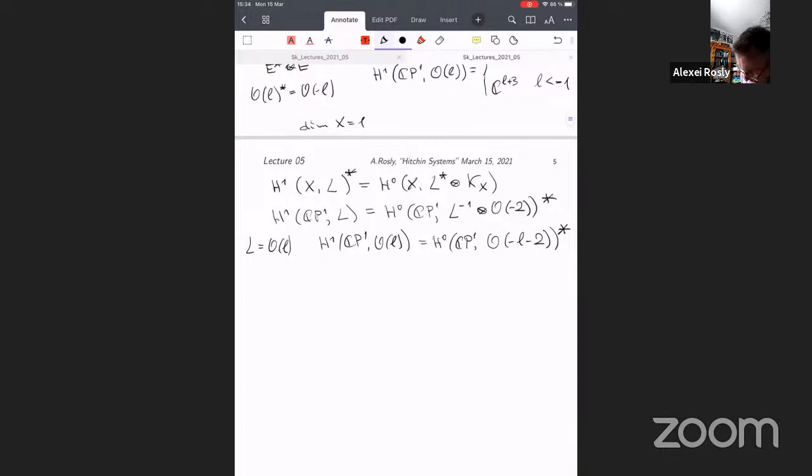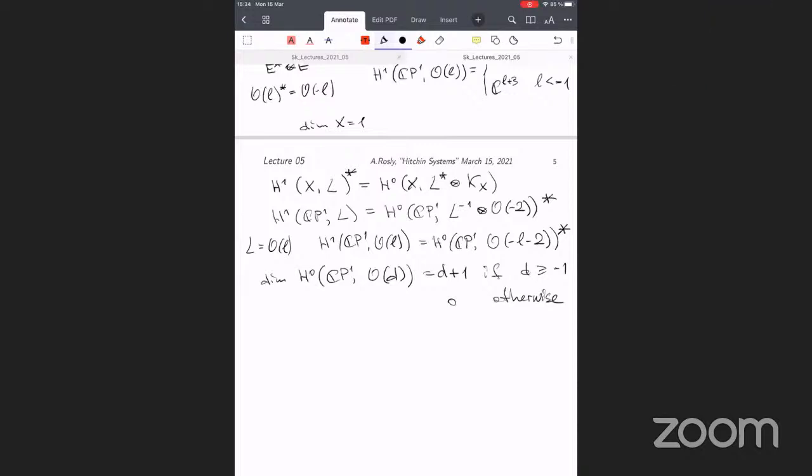Another thing we should remember is that the dimension of H0 on CP1 of some line bundle O of D is D plus 1 if D is greater or equal to minus 1, and 0 otherwise. Okay?